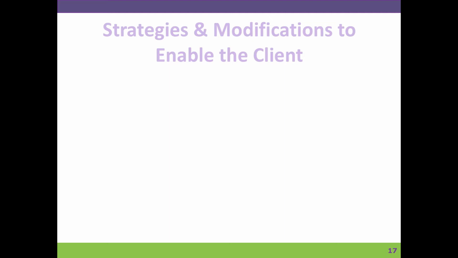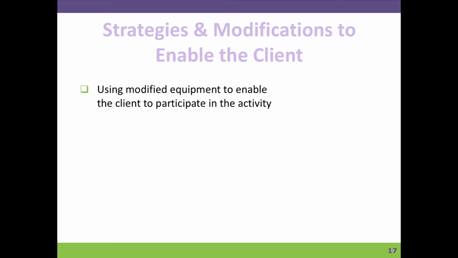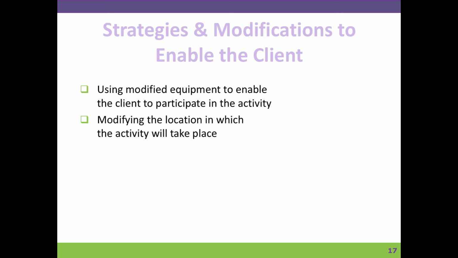Once you've identified the complex needs of your clients, it's important that strategies and modifications are put in place to assist the client to participate within the program. Some examples can include using modified equipment to enable the client to participate in the activity with minimal assistance and also in a safe and effective way. Modifying the location in which the program is supposed to take place.